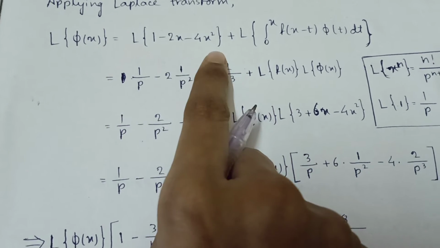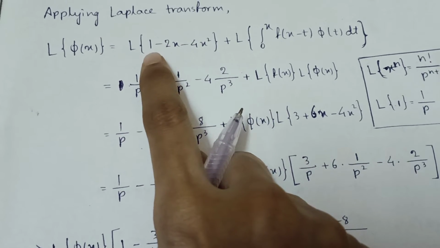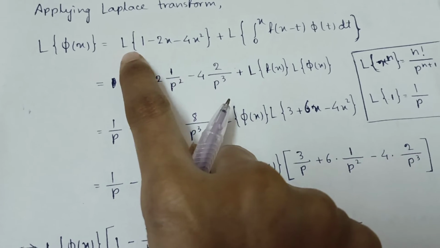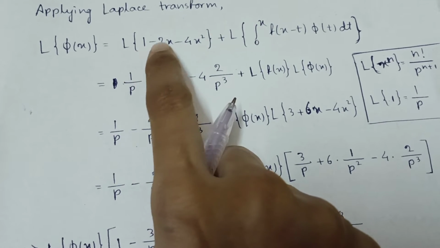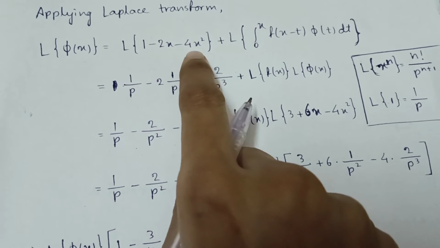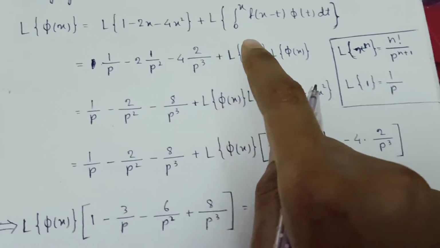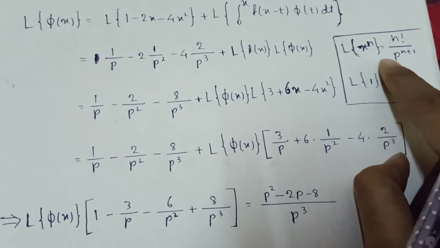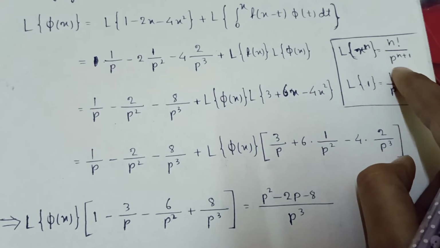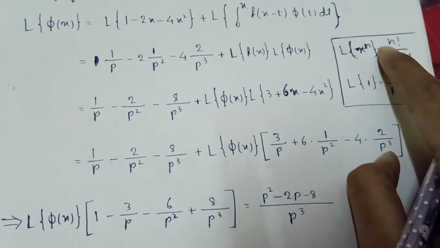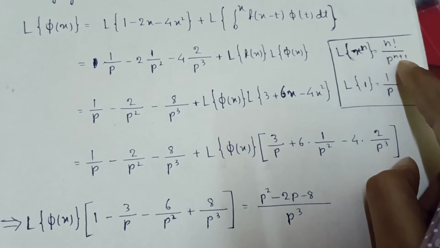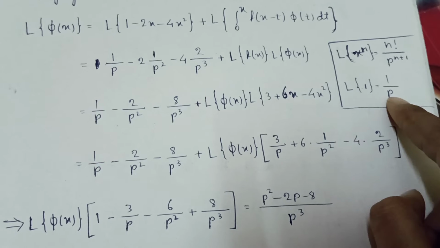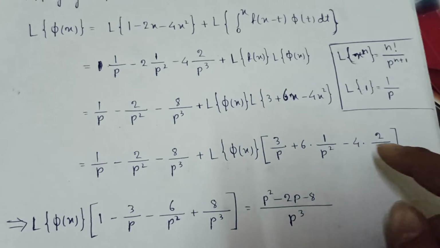Also, the Laplace transform is linear, so you can break it into three parts: L of 1 minus 2 times L of x minus 4 times L of x squared. There is a formula for the Laplace transform: L of x to the power n is n factorial over p to the power n plus 1. If you put n equal to 0, L of 1 is 1 over p, since 0 factorial is 1.